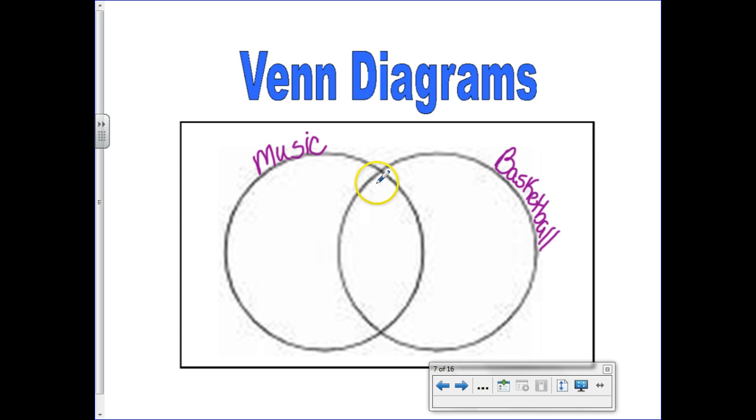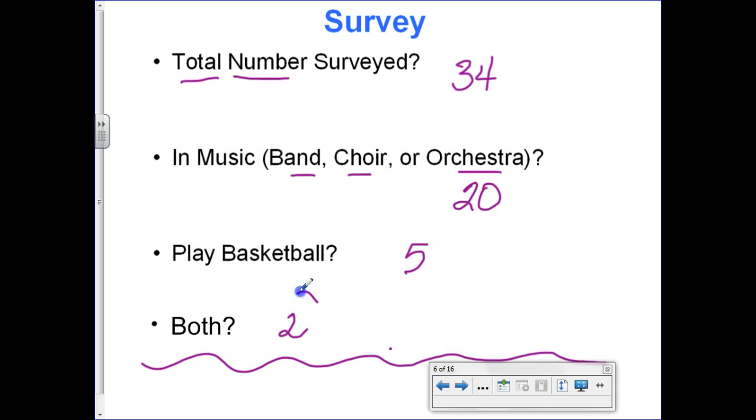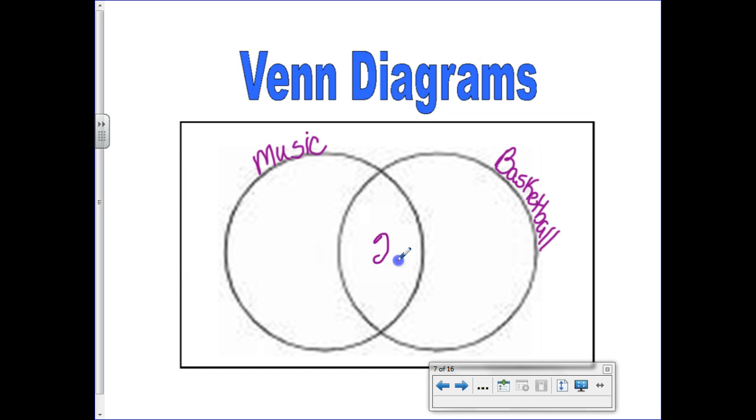This overlapped region right in here is the most important place to start, because if you recall, what we said is we had 2 students that are actually part of both music and basketball. So I put those 2 there, realizing that when I talk about music now, those 2 students are still in the music circle.